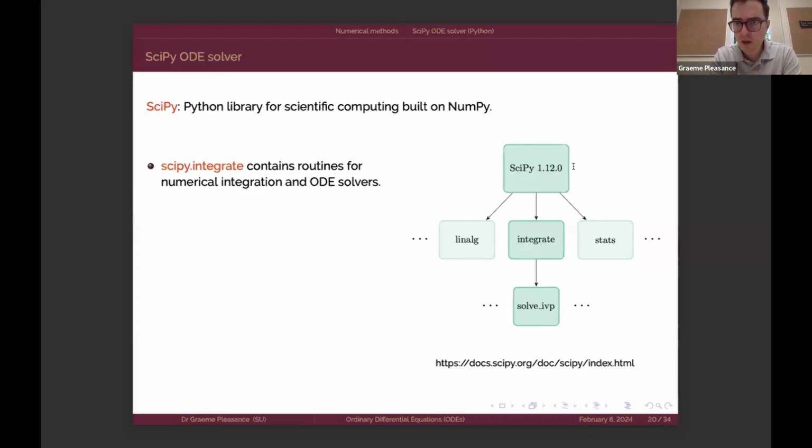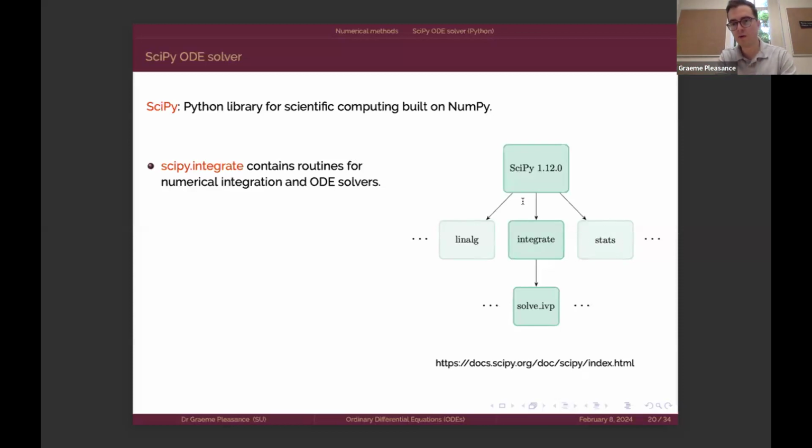SciPy has all these sub packages that have various subroutines for implementing certain procedures used in scientific computing. For example, there's the linear algebra subpackage that can do things like numerically diagonalizing matrices. There's also a statistics, or stats, subpackage.